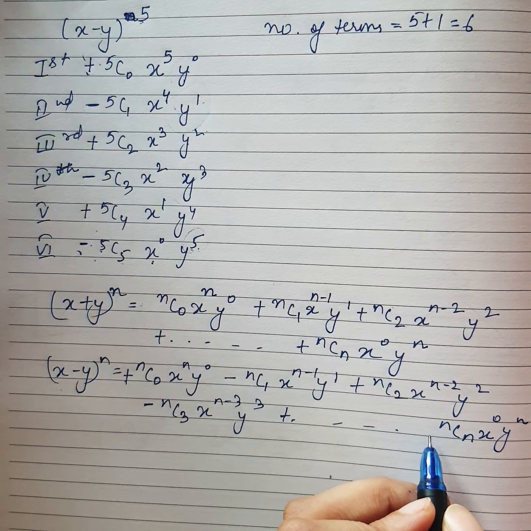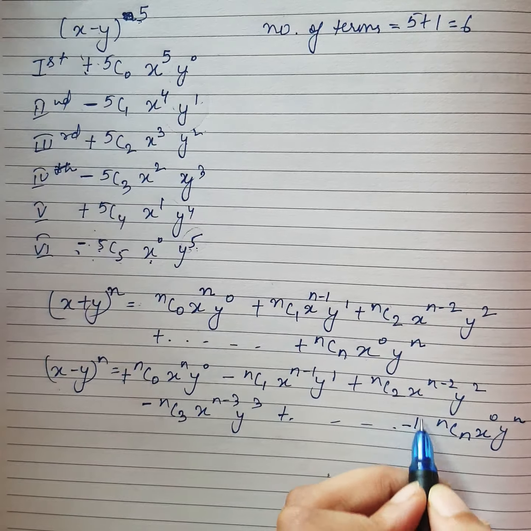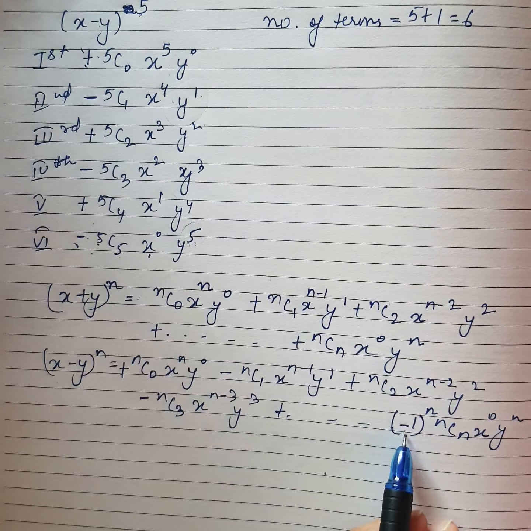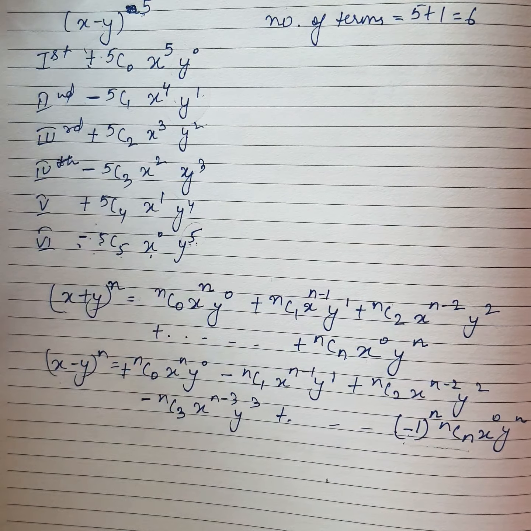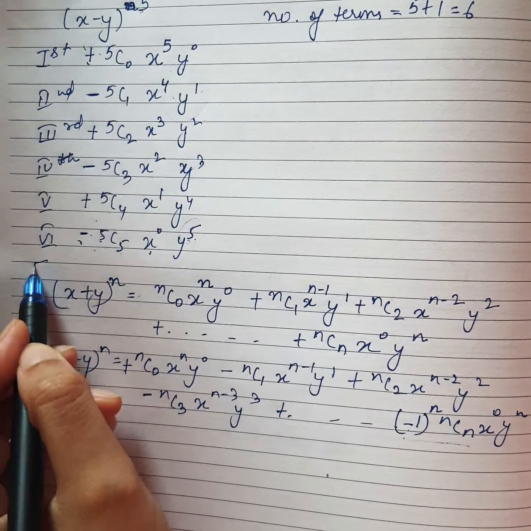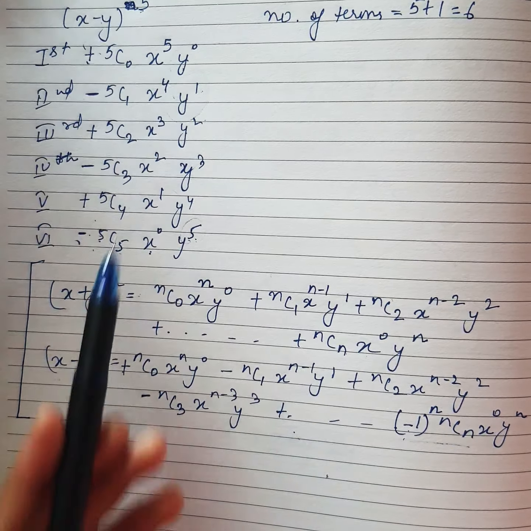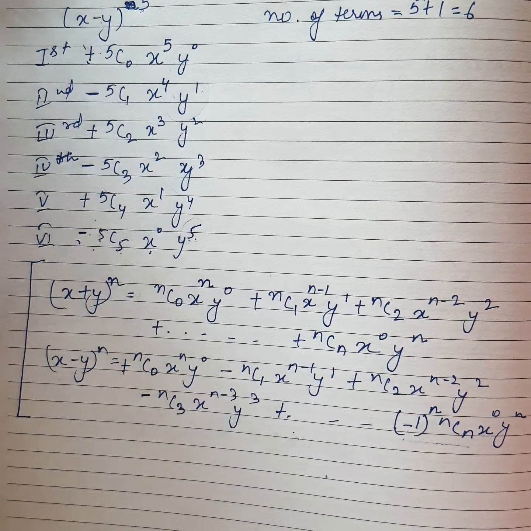For the last term, the sign depends on the value of n. If n is odd, the term will be negative. If n is even, the term will be positive. Okay, so these are the general formulas. This is the binomial theorem. But if you know how to write it using the formula, well and good.